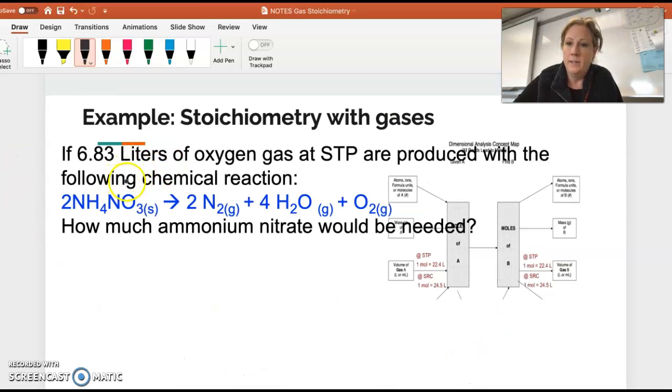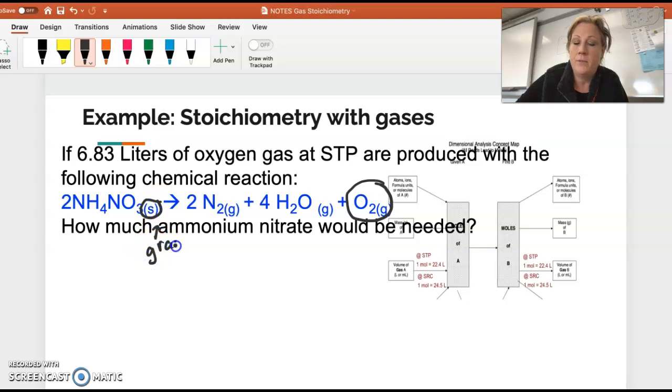So I'll just do one example, and then later in the page there are more examples of me doing calculations. For this calculation, we have 6.83 liters of oxygen at STP, and they're produced according to this reaction. And the question is asking, how much ammonium nitrate would I need? It doesn't tell me what unit, but I would assume, since it's a solid, that we're talking about grams.